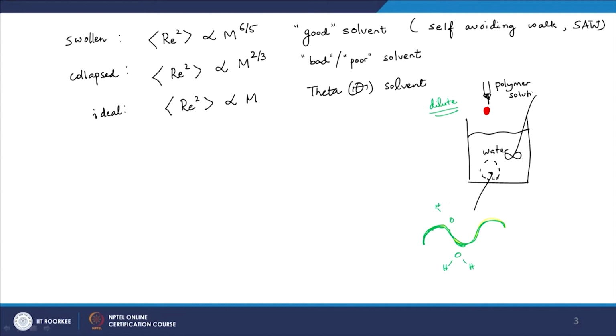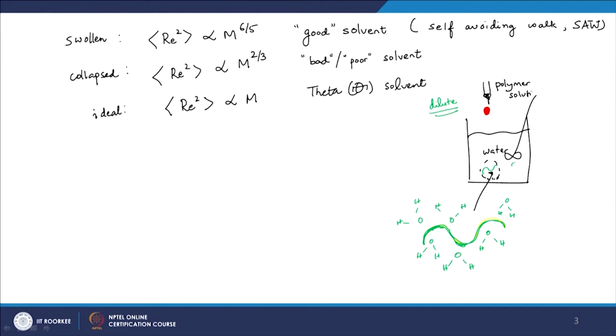So, they can surround the polymer chain. You will see many of these guys surrounding the polymer chain, okay. And far off you can have other polymer chains in the system.